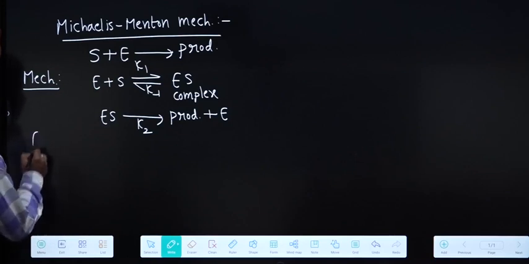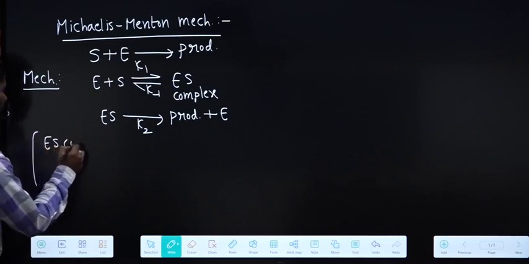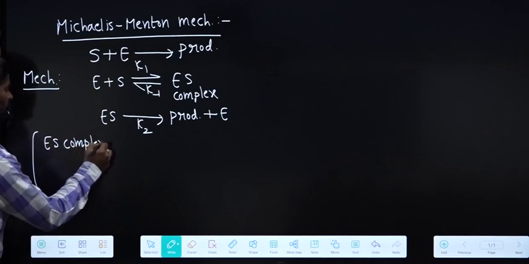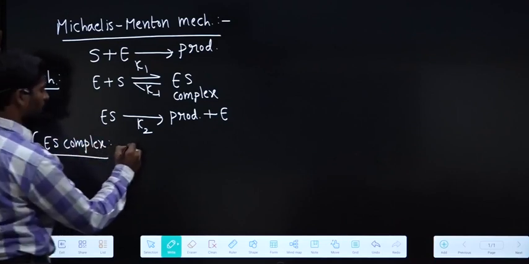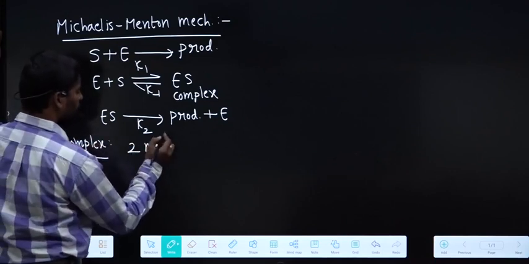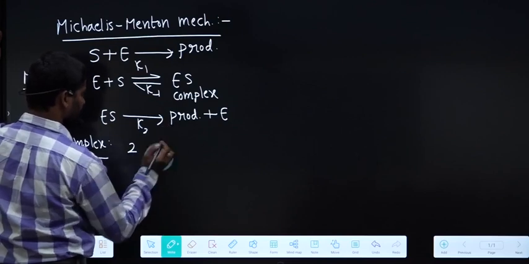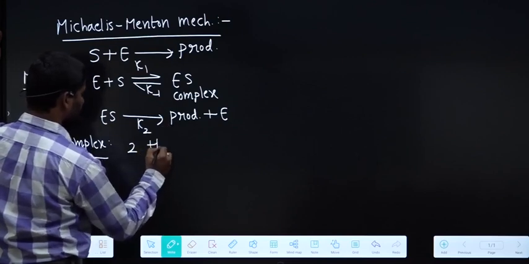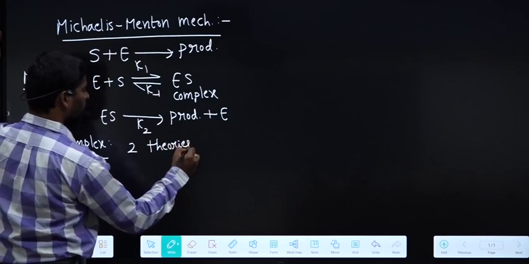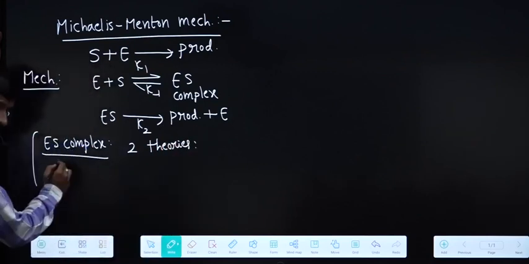For the formation of enzyme substrate complex, briefly I am explaining, there are two proposals, two theories.